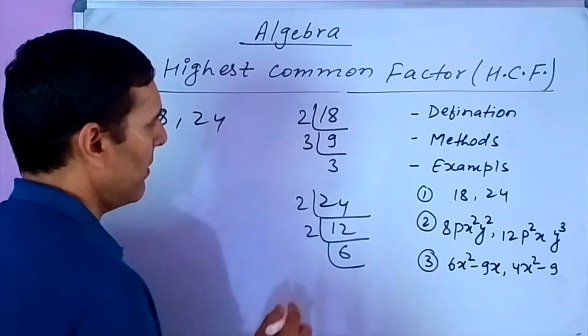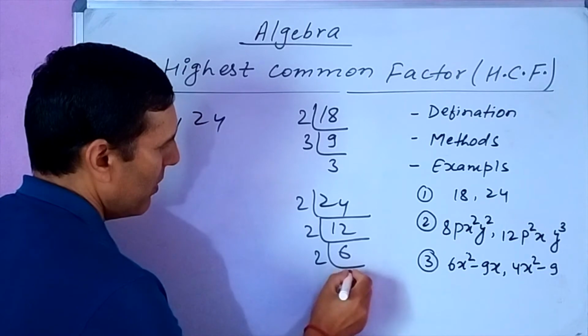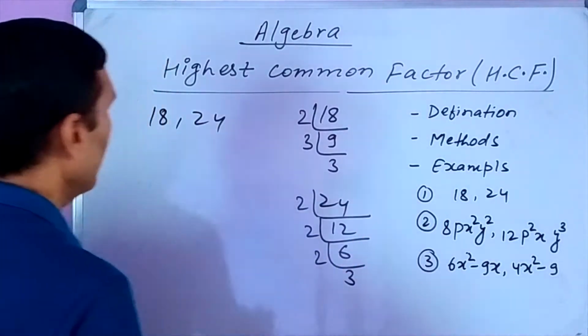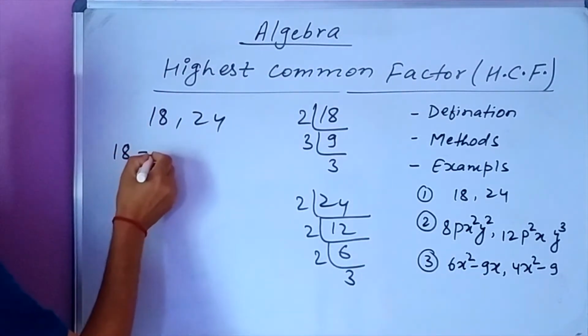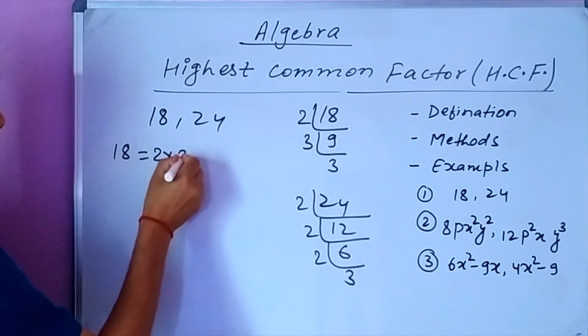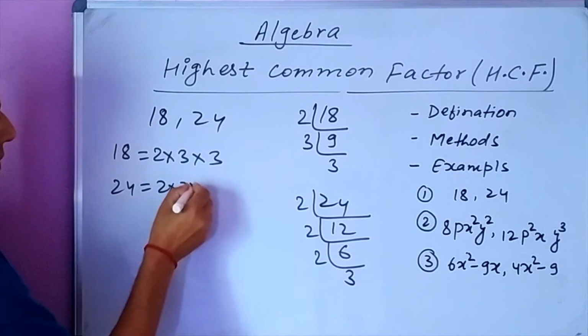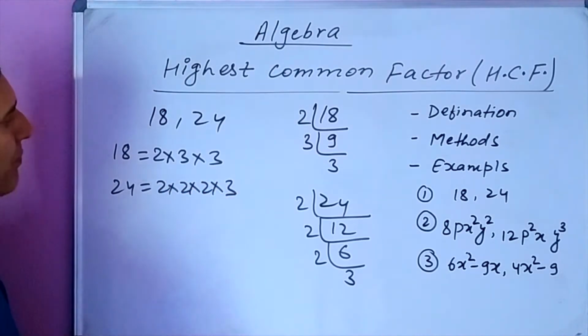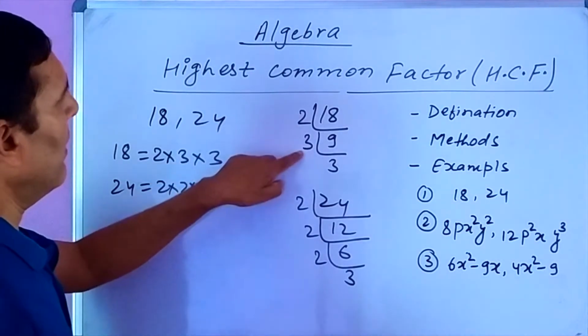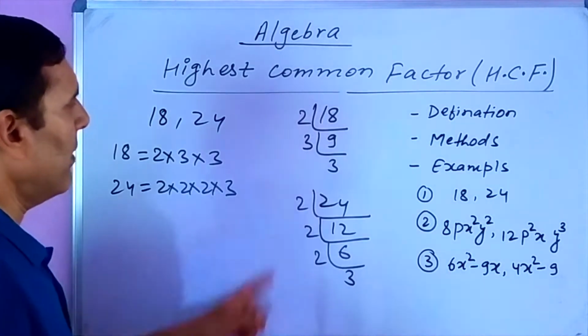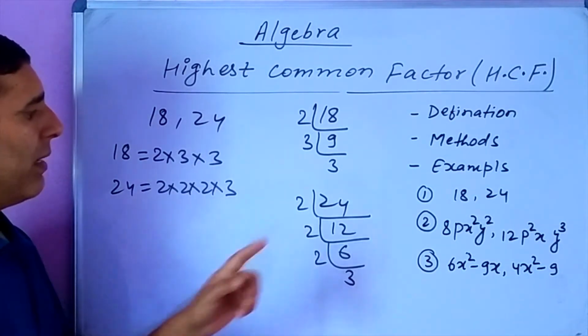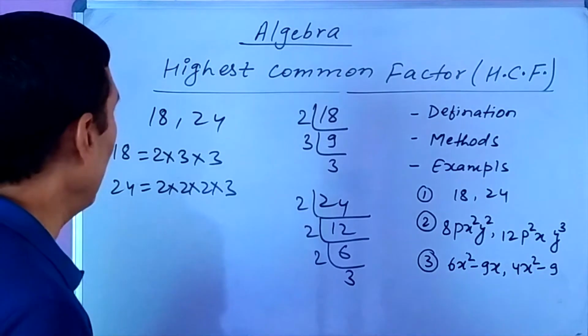Again this 6 is also divisible by 2, 3 times. So 18 is equal to 2 into 3 into 3, and 24 we can write as 2 into 2 into 2 into 3. So 2, 3 and 3 are the prime factors of 18, and 2, 2, 2 and 3 are the prime factors of 24.